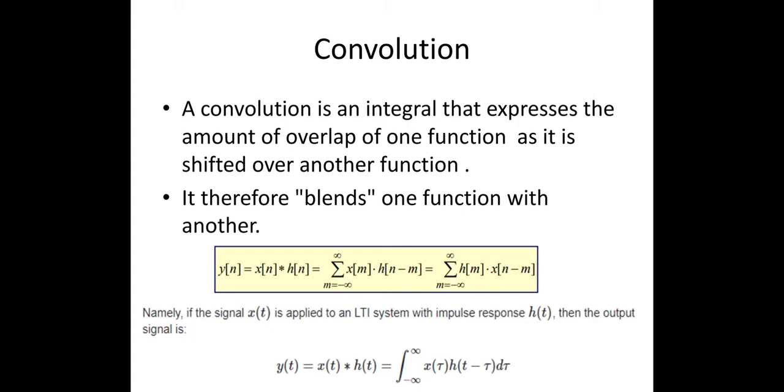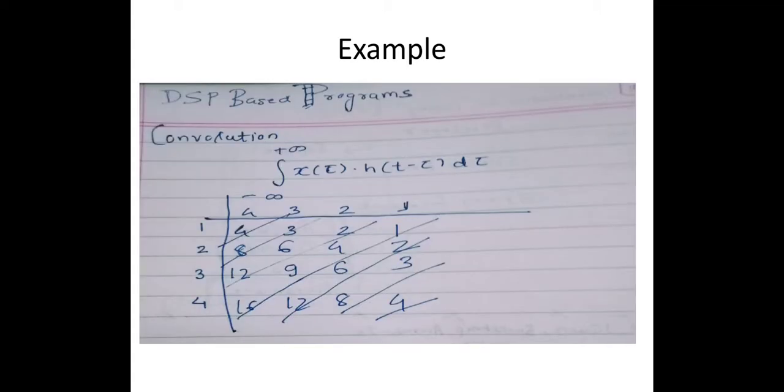And if it is a continuous signal, then x of t convolved with h of t is equal to the integration from minus infinity to plus infinity of x of tau multiplied by h of t minus tau d tau. So it can be x of t minus tau and h of tau. It depends whether you have to take the mirror image and delay the h function, or take the mirror image and delay the x function, as the result is the same.